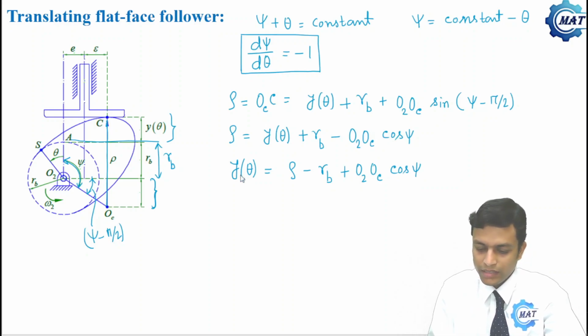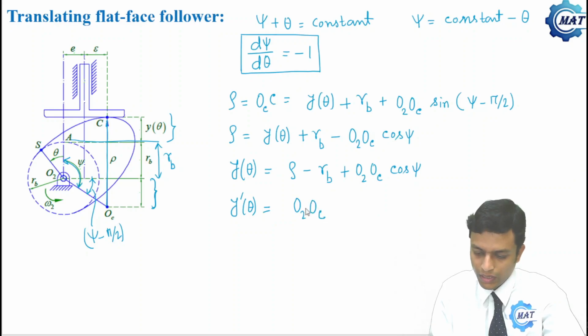Now let us differentiate y with respect to theta. That is y prime of theta, which is dy by d theta. These two are constant, so they give 0, and we get minus O2 OC sin psi into d psi by d theta.